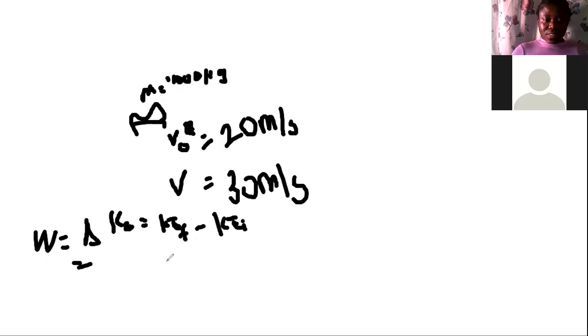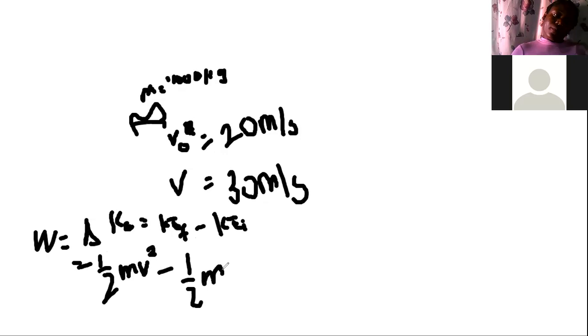Which is equal to half mass times the final speed squared minus half mass times the initial speed squared.